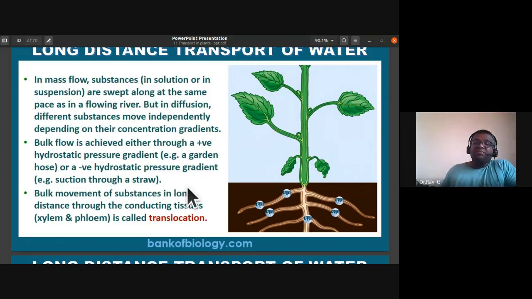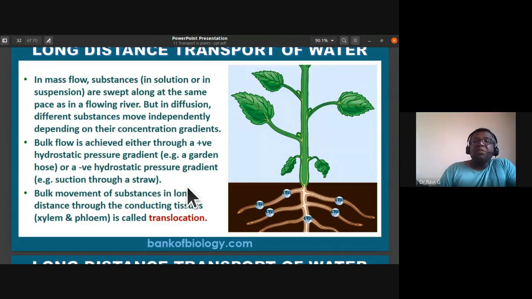It might be a fruit that has fallen onto the river, so that fruit is carried along with the waves of the river. Similar to that, the substances dissolved or suspended in this water are also carried en mass through this mass flow. So that is what it implies.